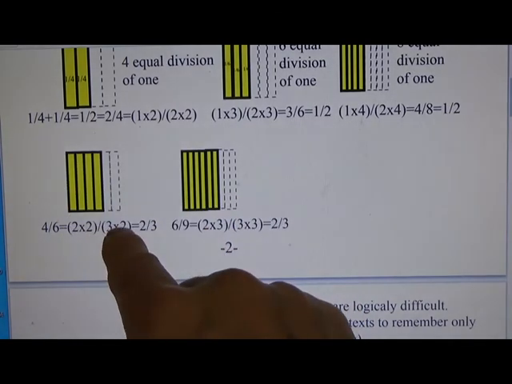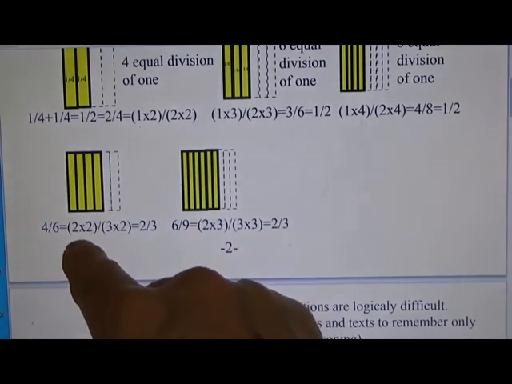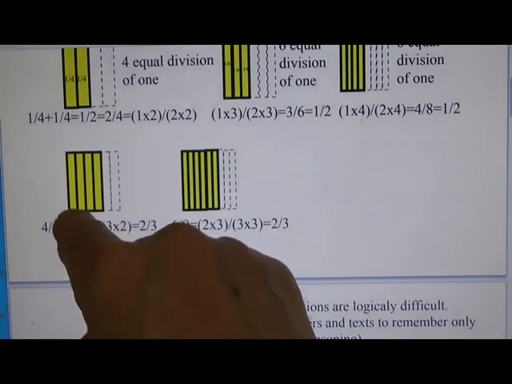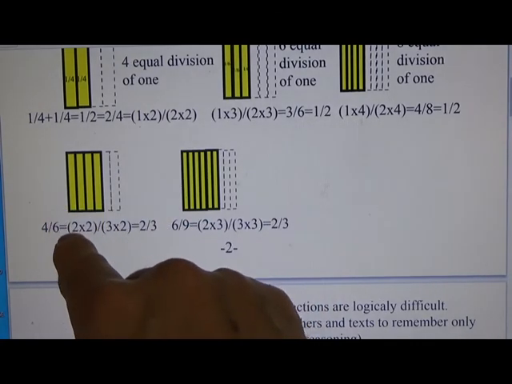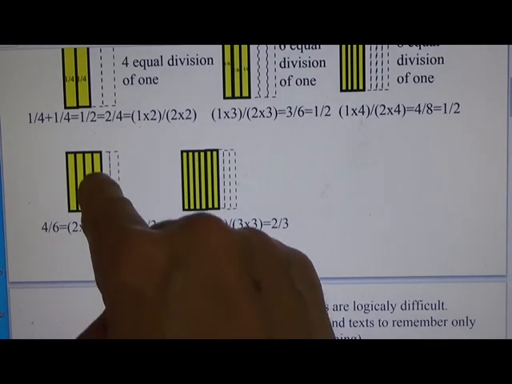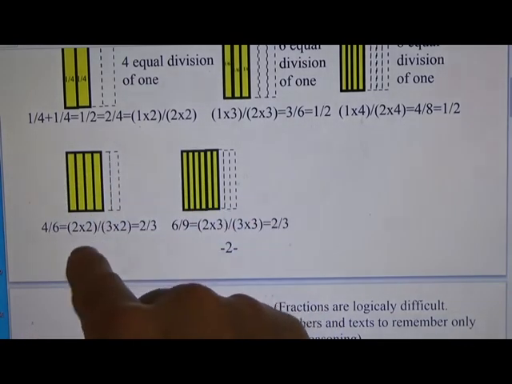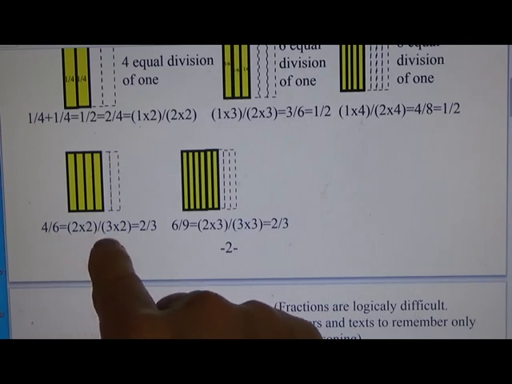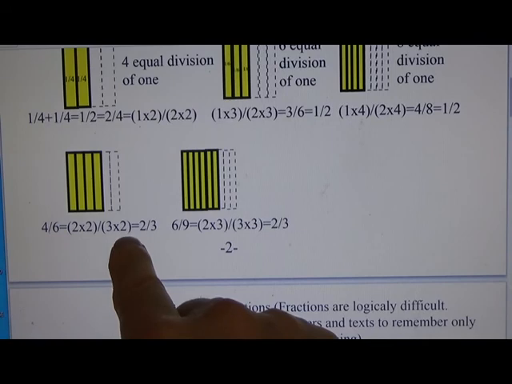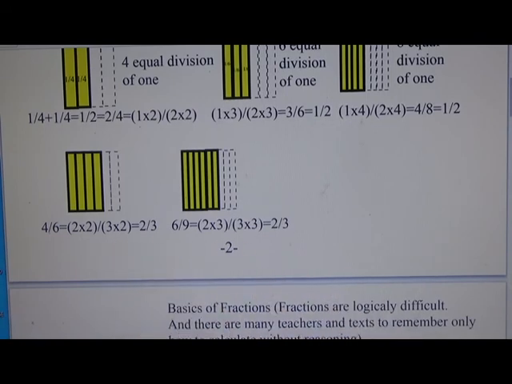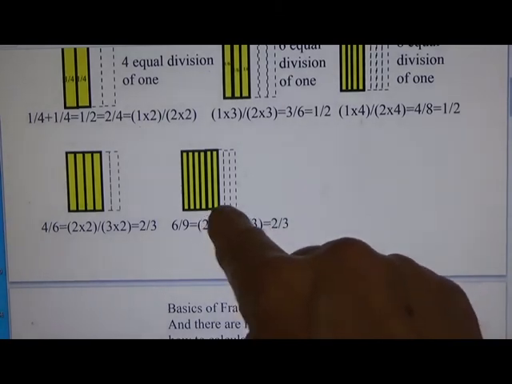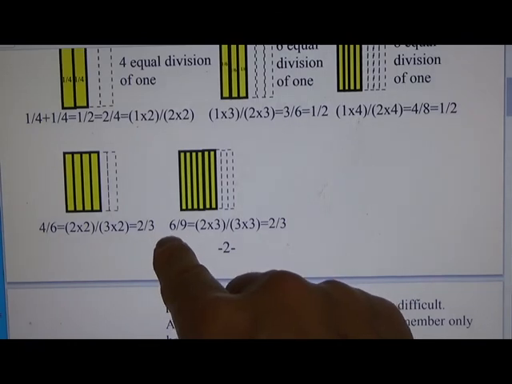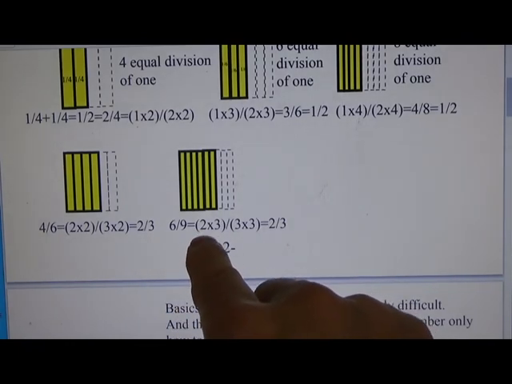This shows approximately the same situation. 4/6. This dotted line is quantity 1, and each one is 1/6, and this yellow part in total is 4/6. That is 2 multiplied by 2 divided by 3 multiplied by 2, and that is 2/3. This shows a similar situation. 6/9.